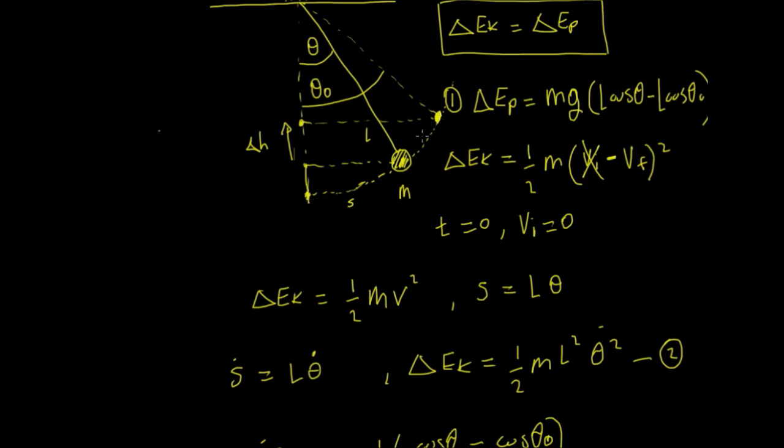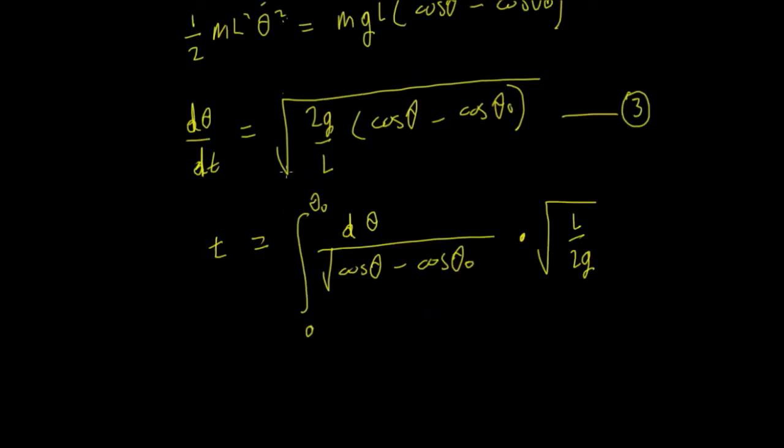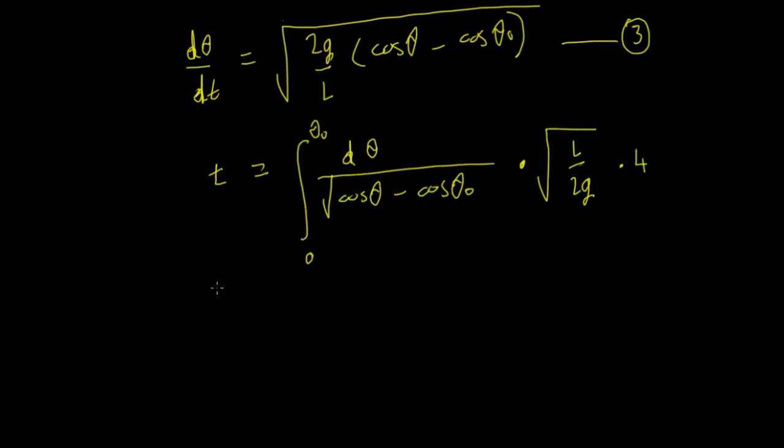So we have to multiply that whole thing by 4. That is going to be a full period, and we'll call that big T for the period.